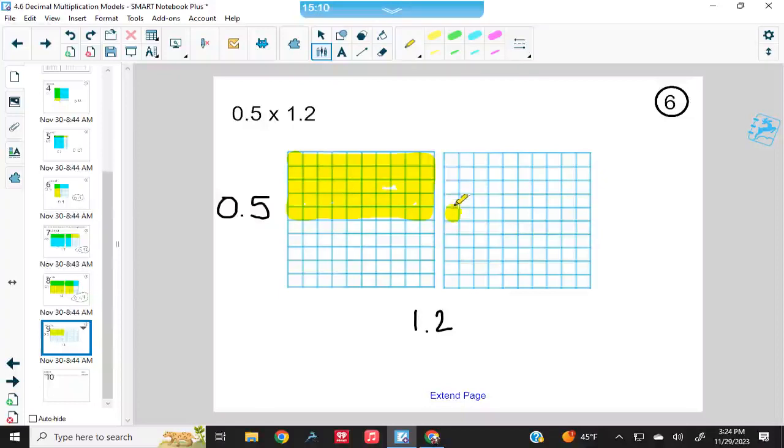I have to do it to both spots. And then I have a whole, so I got to cover that whole guy up here.